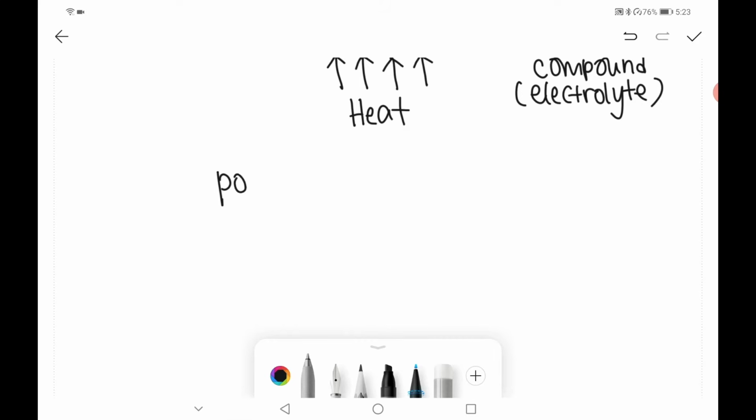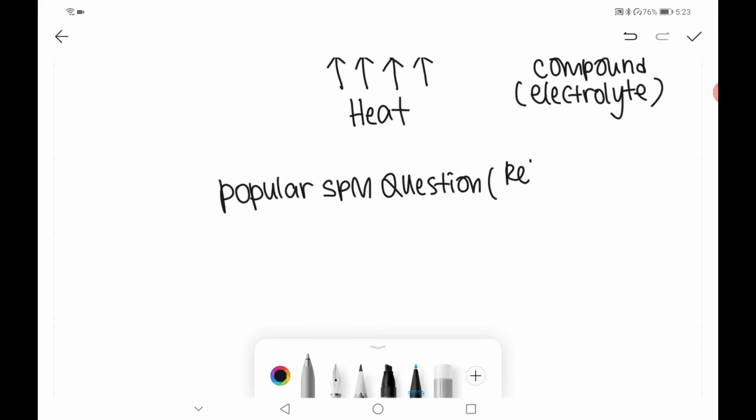This is more on theory. This question is actually related to your SPM Form 4 Chapter 5.